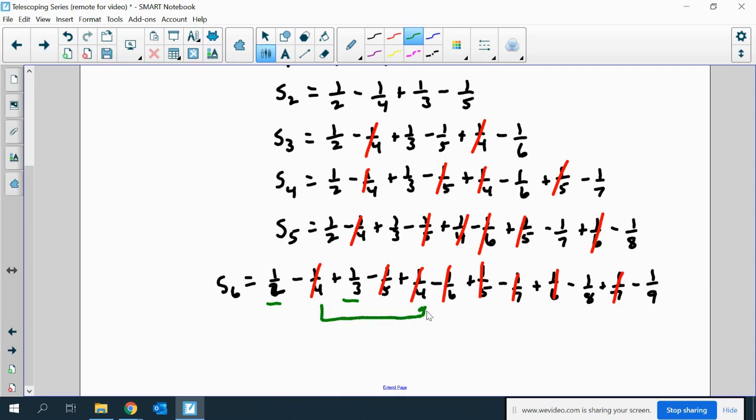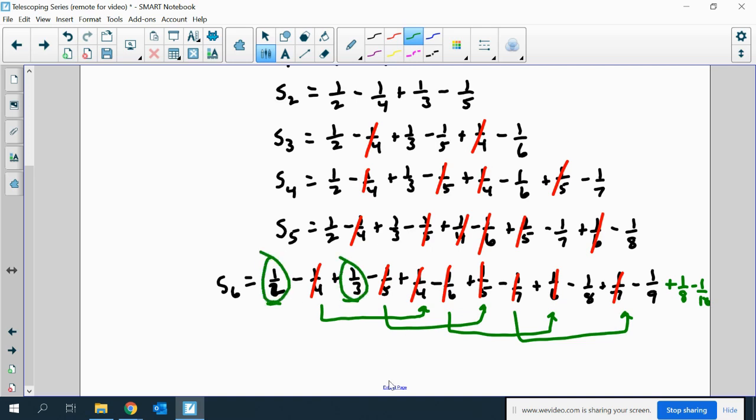So 1/5 cancels with the thing 3 things after it, 1/6, 1/7, and so this 1/8 is going to cancel with, if I continued, the next 1/8, and then the 1/9 would cancel with the thing 3 things after it, and so on. The only things that never cancel out are these 1/2 and 1/3.